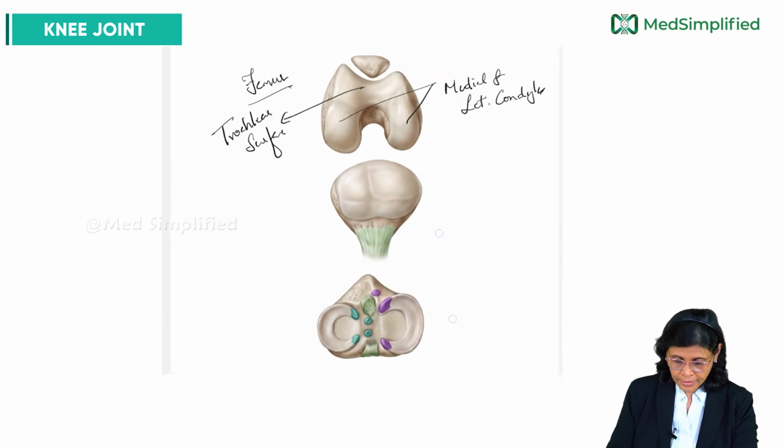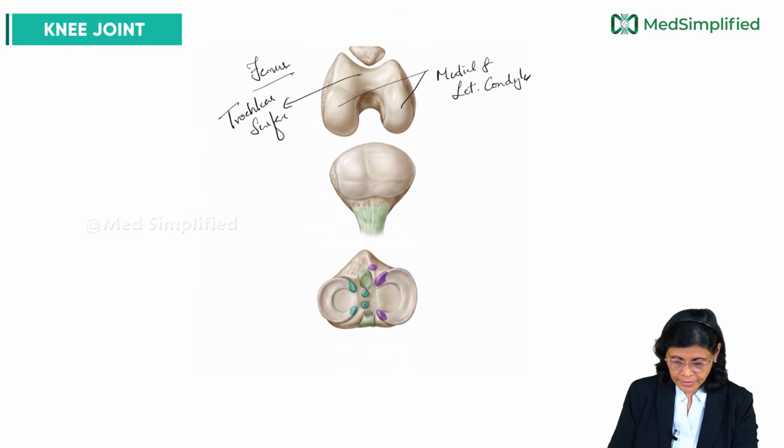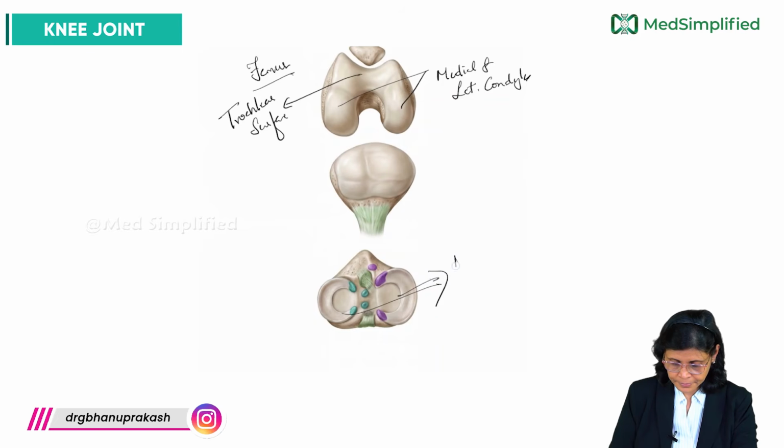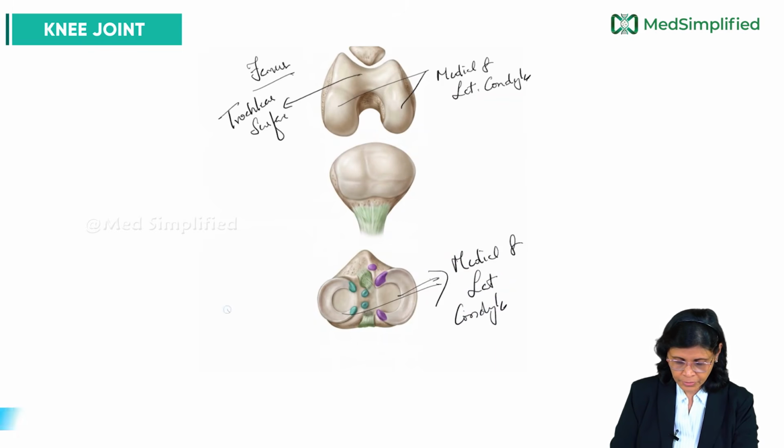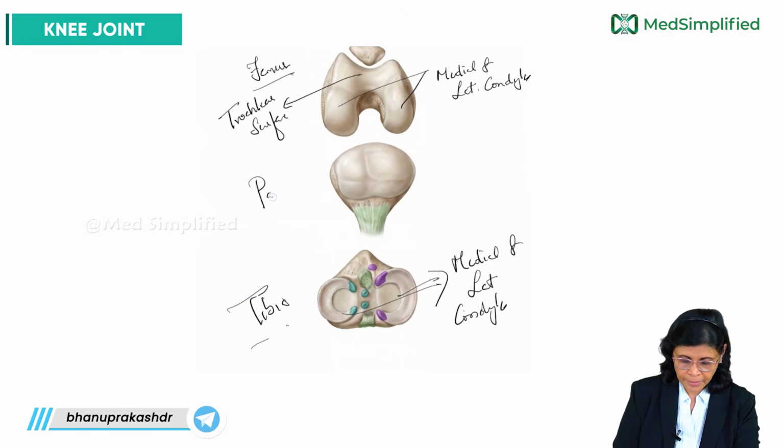Then we have the articular surfaces of the medial and lateral condyles of the tibia. Along with this, we have the patella.